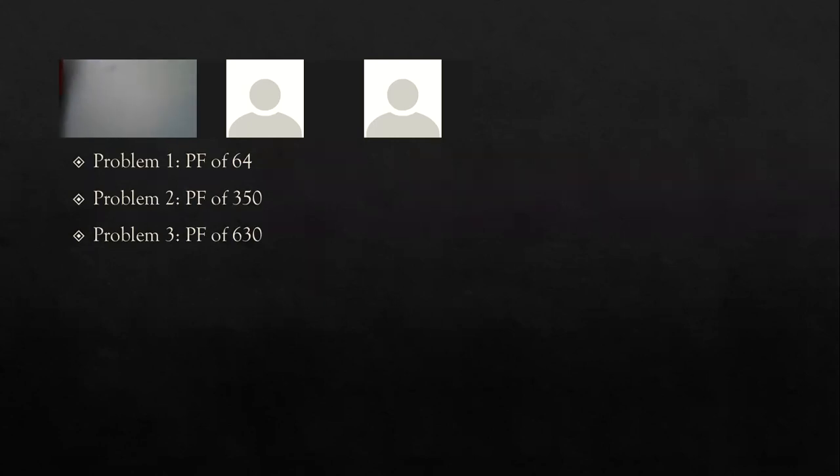Here's how I'm gonna take roll for the class. I'm gonna go through the participants, and I'm gonna send you one of these numbers: 64, 350, or 630. What you're gonna do is send me back what the prime factorization is of that number. That's how I'm gonna take roll.